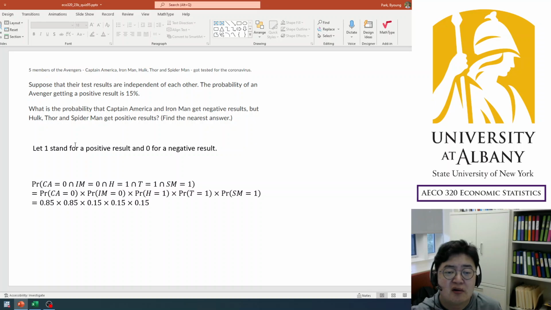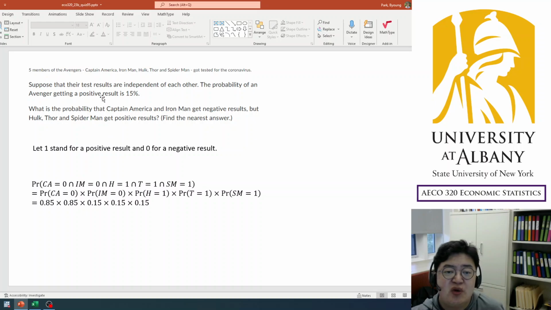Anyhow, what we are calculating is probability that Captain America is negative, and this is intersection, which means and, so different events happen at the same time, and Iron Man is negative, and Hulk is positive, and Thor is positive, and Spider-Man is positive, right? 5 events are happening at the same time, right?